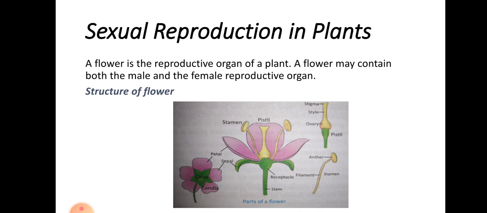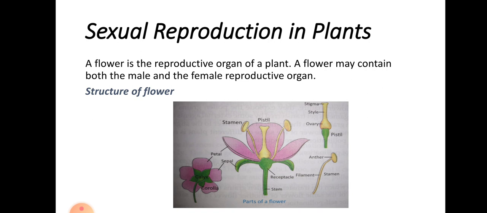The first part is the calyx, green colored, the outermost whorl of a flower. It contains sepals that are green in color, and it protects the flower during the bud stage.